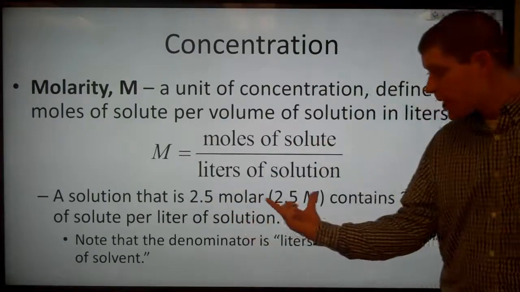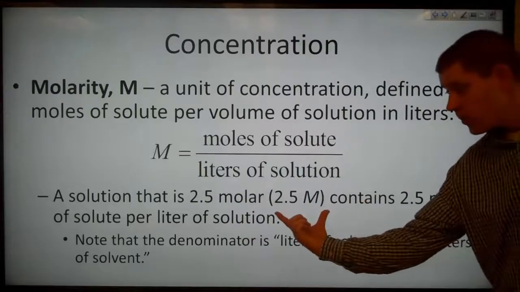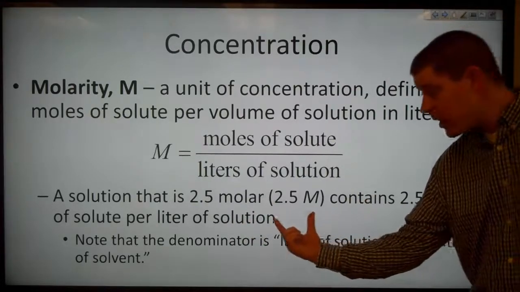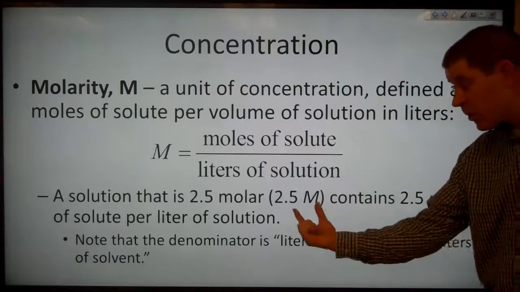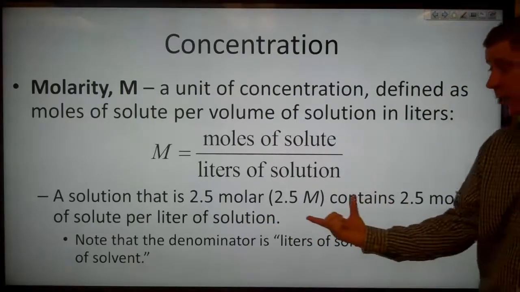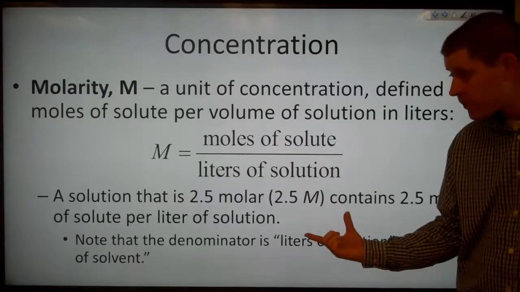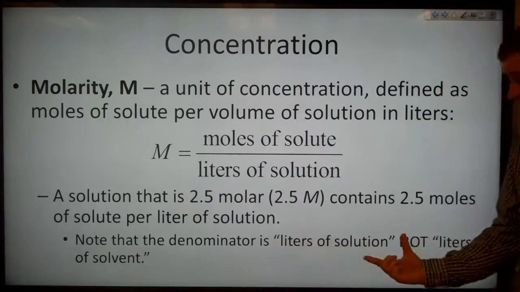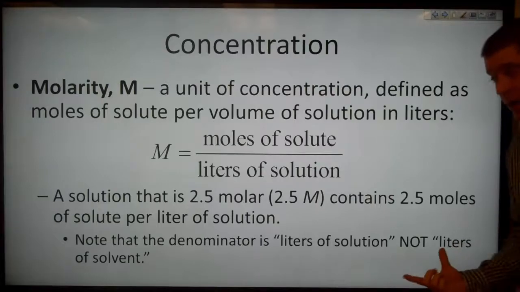A solution that is 2.5 molar, where we abbreviate molar as capital M, contains 2.5 moles of solute per liter of solution. Again, our denominator is liters of solution, not liters of solvent.